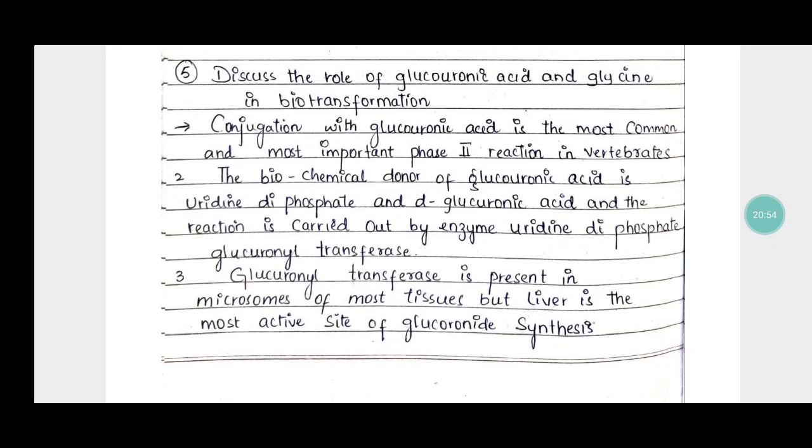Question number 5, discuss the role of glucuronic acid and glycine in biotransformation. Glucuronic acid conjugation is a phase 2 biotransformation reaction, and the same is true of glycine, which is a phase 2 conjugation reaction of biotransformation. Conjugation with glucuronic acid is the most common and most important phase 2 reaction that I have said in question number 2.